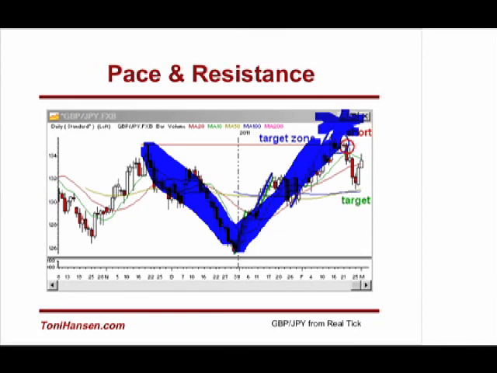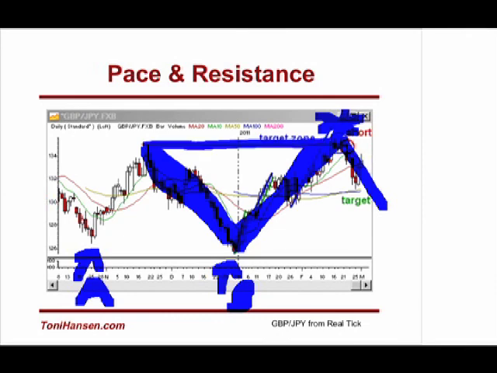Typically it's going to stall short of that level, or slightly higher than that level, but pull back and lead to a longer trading range, particularly if this low was lower than the prior low. We're looking at that happening right here, where this second low was lower than the first low back here in A. And so this level, based upon the pace or the momentum, really helped establish that as a resistance zone.